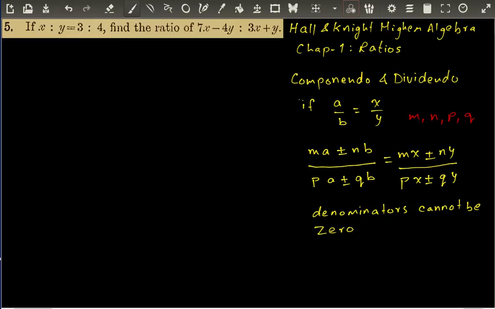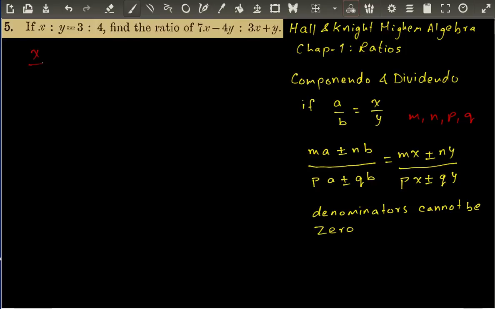So in short, as long as we multiply by constants and add or subtract, as long as we do it on both sides, the equality of the ratios will be maintained.